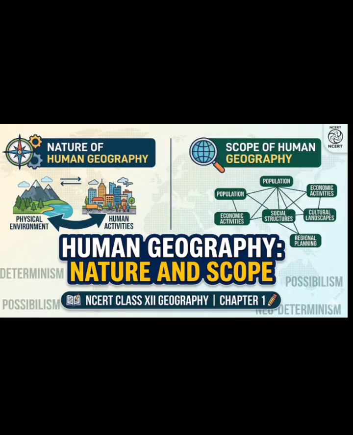Next point is naturalization of humans and humanization of nature. Human beings interact with their physical environment with the help of technology. It is not important what human beings produce and create, but it is extremely important with the help of what tools and techniques they produce and create. Technology indicates the level of cultural development of society.